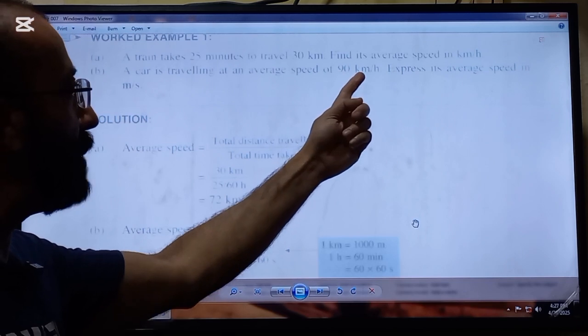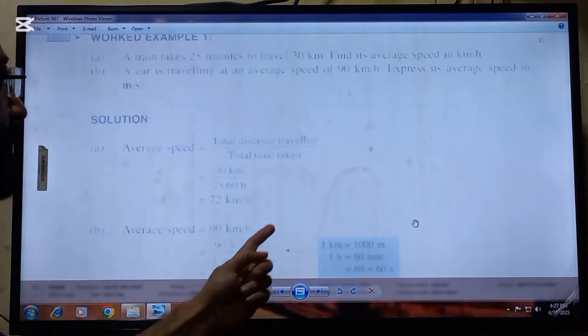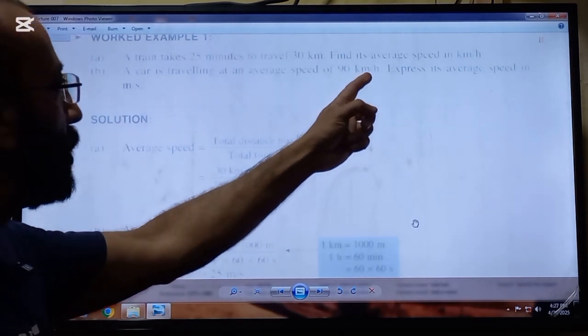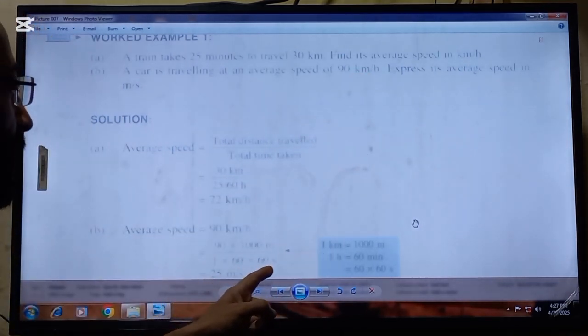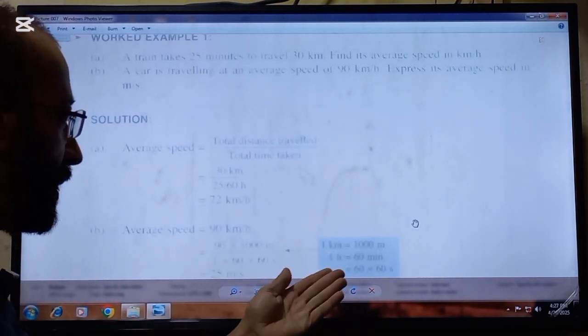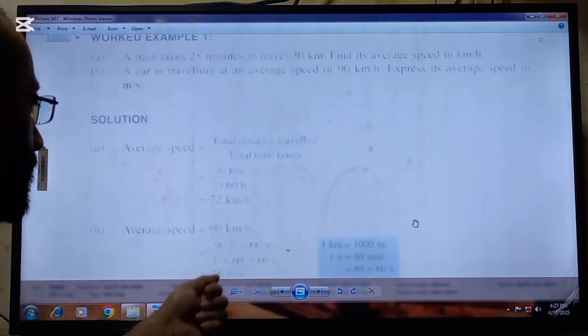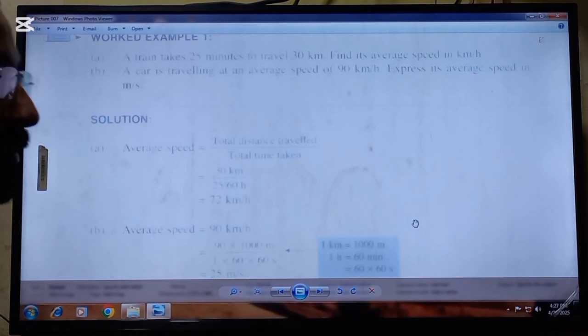So 90 will be multiplied by 1000. That is actually will be converted to meters. And in denominator we will multiply 3600, because in 1 hour there are 3600 seconds. So after cancellation you will get an answer of 25 meter per second.